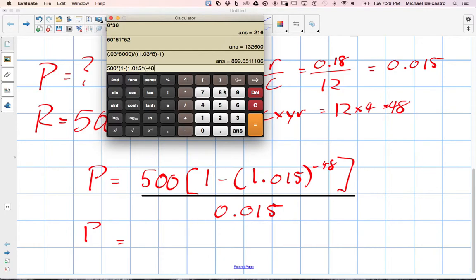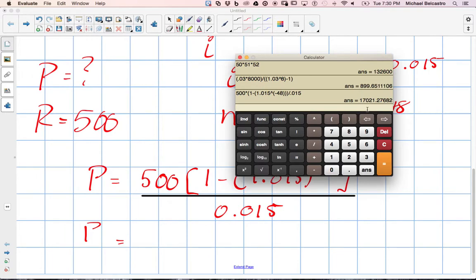So bracket and bracket again, and the third bracket there. I think that's all right. And then divided by 0.015. It can sometimes be hard, as you can tell, to plug it in one step. Yeah, you got it. Is that what you got when you did it?